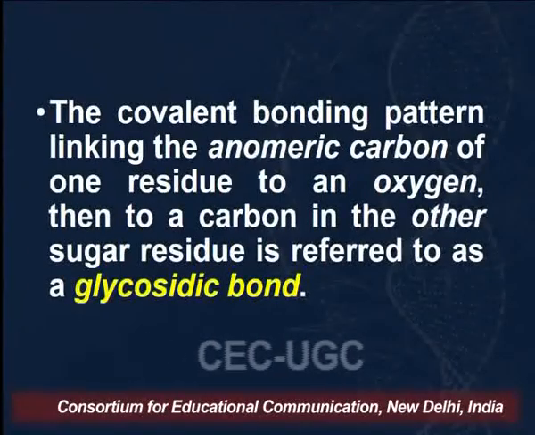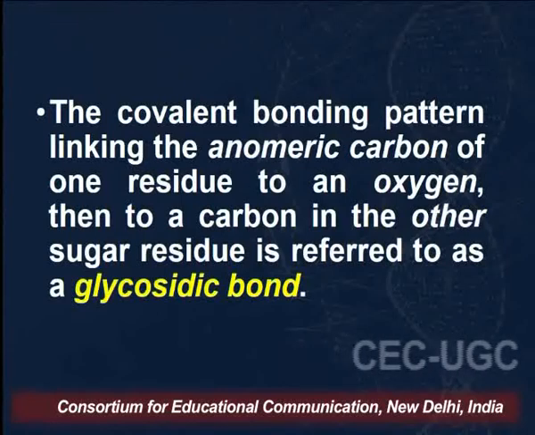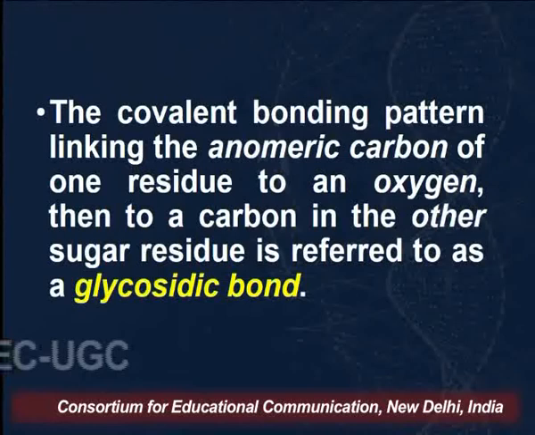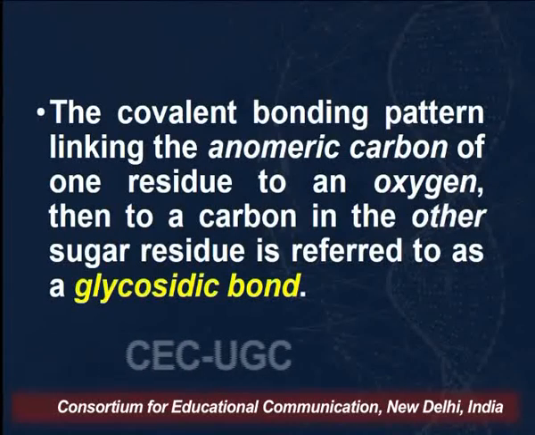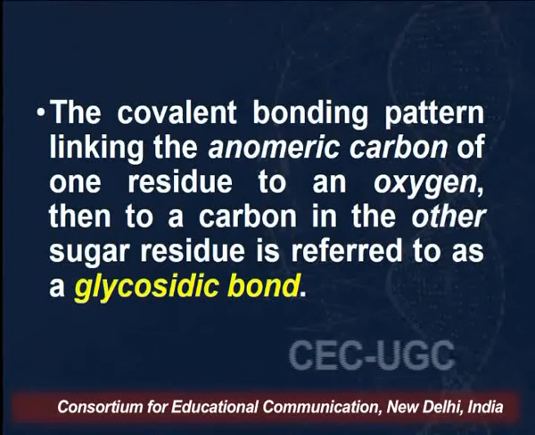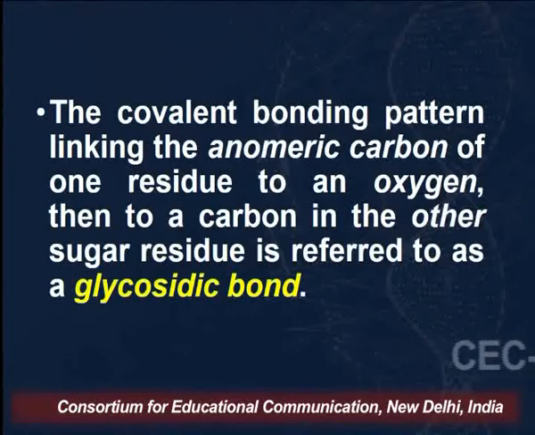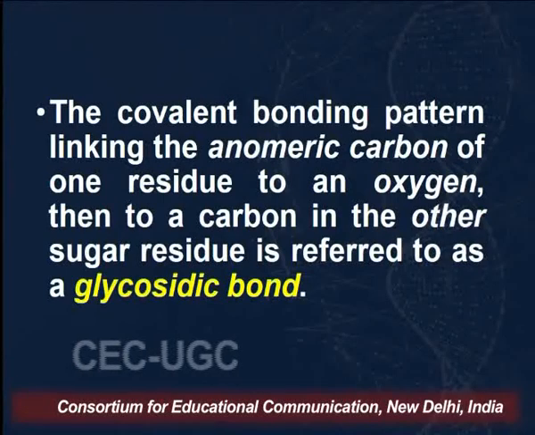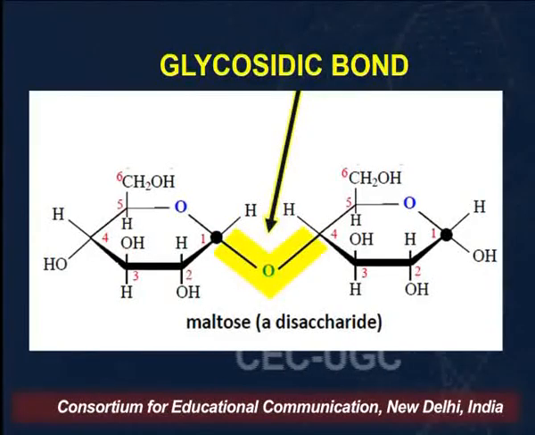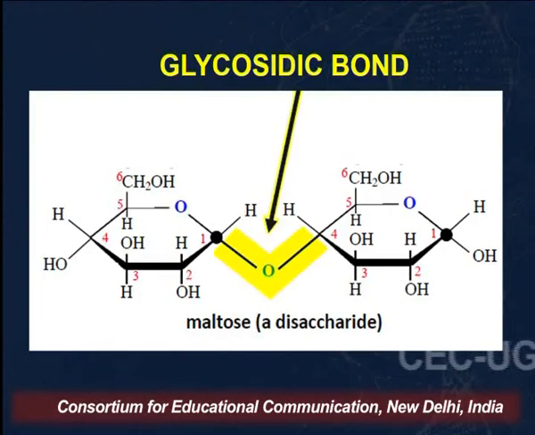Now what I'm trying to stress here is that the covalent bonding pattern linking the anomeric carbon of one residue to the oxygen, then to the carbon in the other sugar residue, is referred to as a glycosidic bond. So what you can see on your screens now is the structure of maltose, and in maltose, what has been indicated by a yellow line is a C-O-C bond.